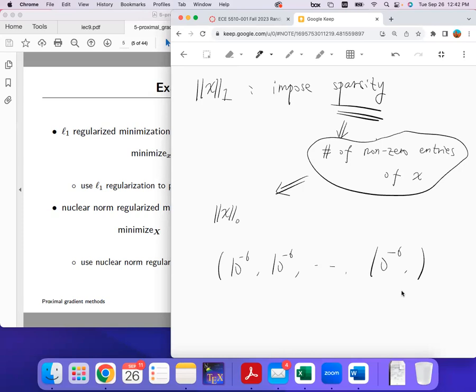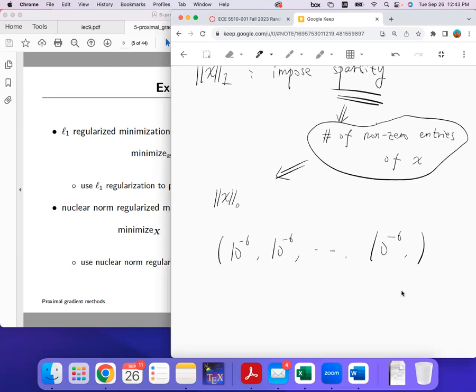Now, technically speaking, according to this definition, every single entry will add 1 to the L0 norm. But on the other hand, you feel like this is a bit unfair because these entries are almost 0, so maybe it's just fine to ignore them.